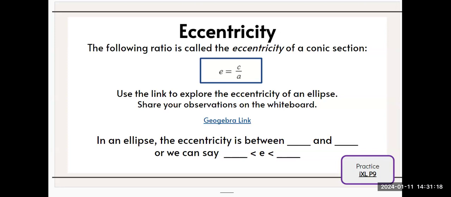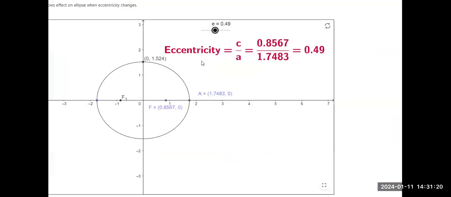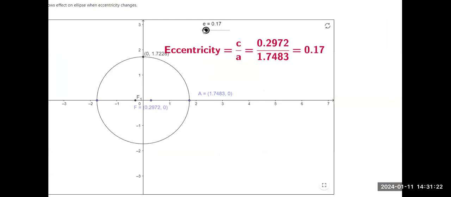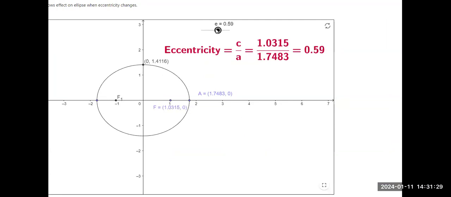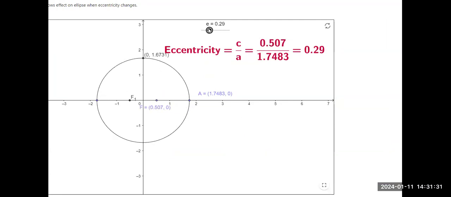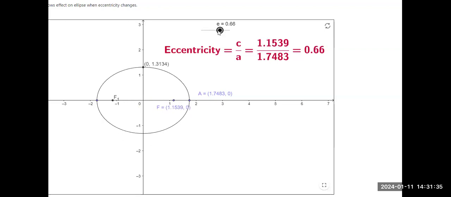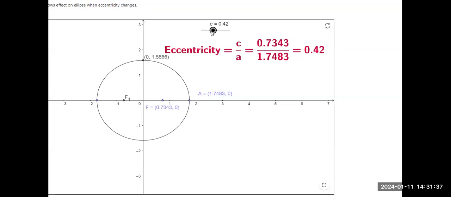Let me look at that. I don't know if I noticed that. So if I start here, X. I see. The X coordinates of the foci.